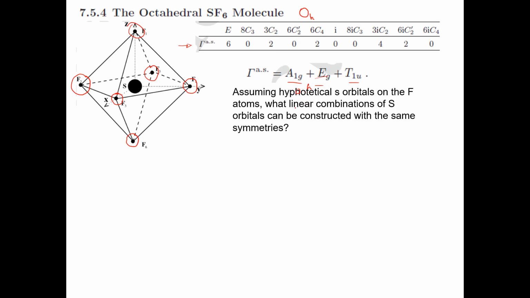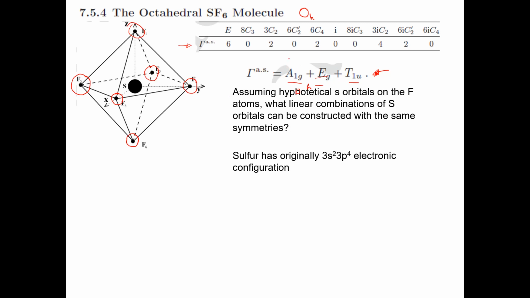So the question is, what are the different linear combinations of s orbitals that can be constructed with the same symmetries? Okay, so we have done this many times. So the atom sites equivalence representation gives me already the linear combinations of s orbitals that I can construct.